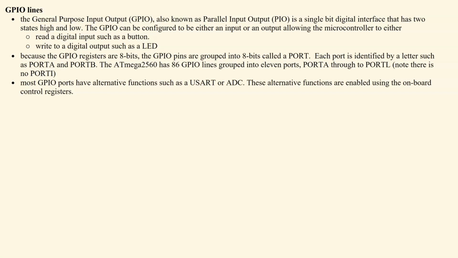Each port is identified by a letter, such as port A or port B. The ATmega 2560 has 86 GPIO lines grouped into 11 ports, port A through to port L. Note, there is no port I. Most GPIO ports have alternative functions, which are enabled using the onboard control registers.